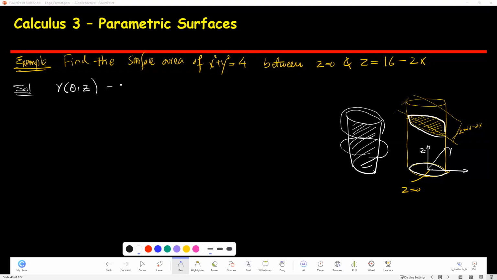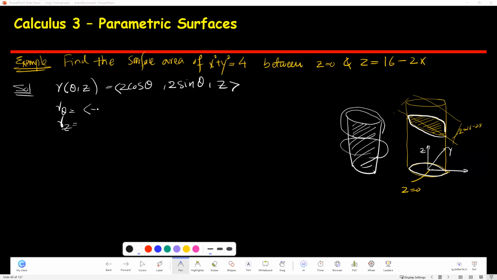I'm going to write x equals r cos theta and y equals r sin theta, and then z is z. Then I'm going to call r theta and r z my two variables.